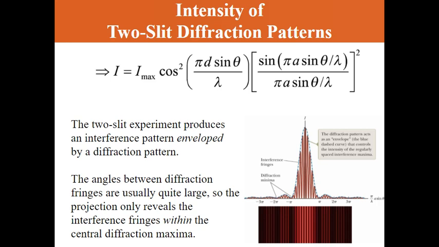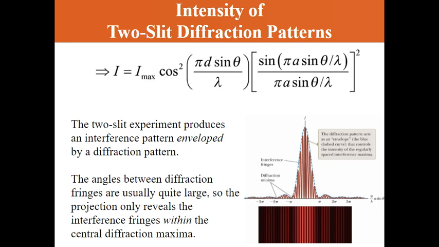It's worth pointing out that if you were to shrink the projection, if you were to bring the screen a lot closer to where the slit is, then you'd see that from the double slit experiment, the projection effectively has small-ish fringes from the double slit interference, and then this big envelope of fringes from the diffraction pattern.